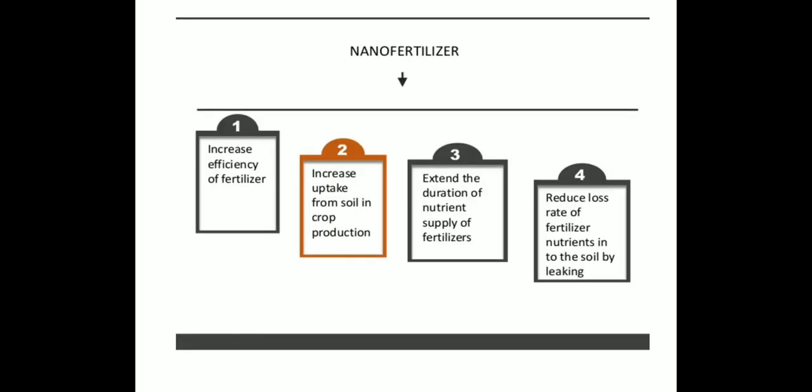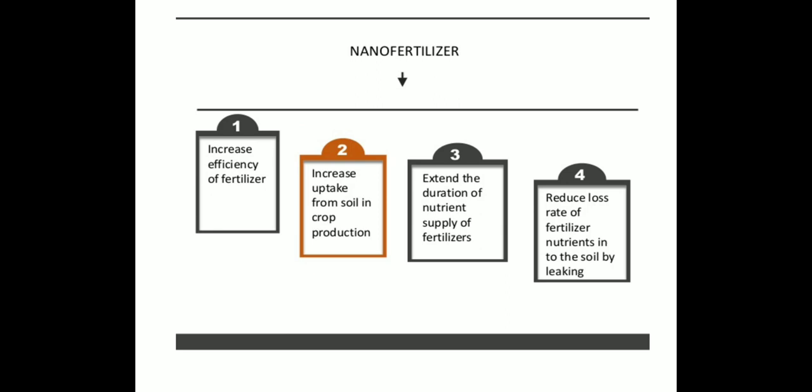The main uses or benefits of nanofertilizers are to increase the efficiency of fertilizer. They increase the uptake of nutrients from the soil. Then they extend the duration of nutrient supply, as the supply of fertilizer is at a slow release rate.